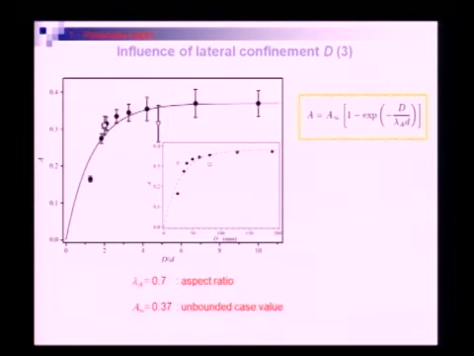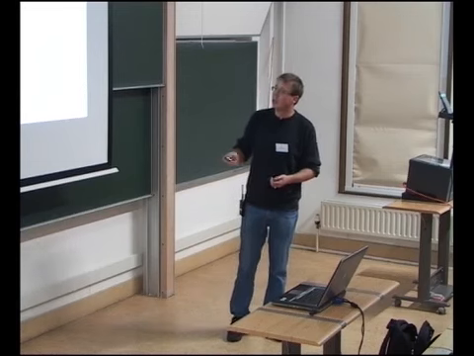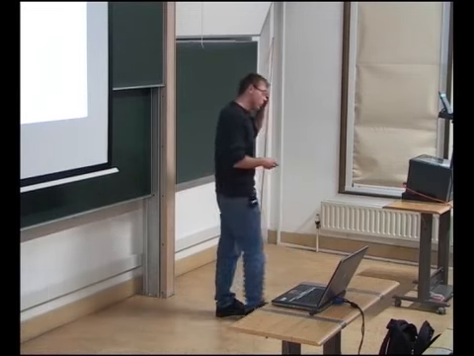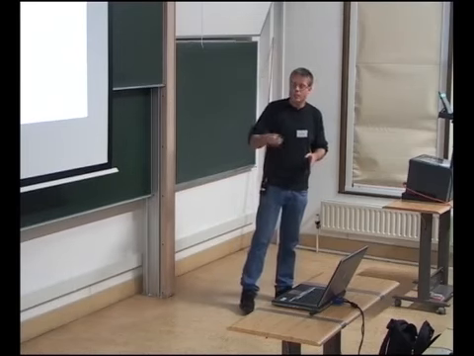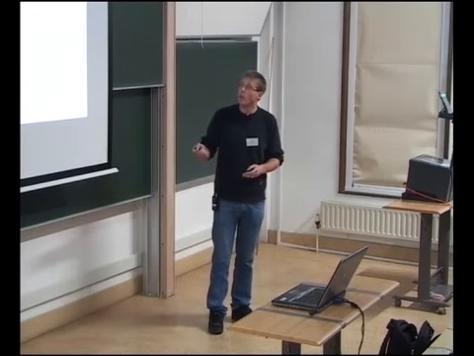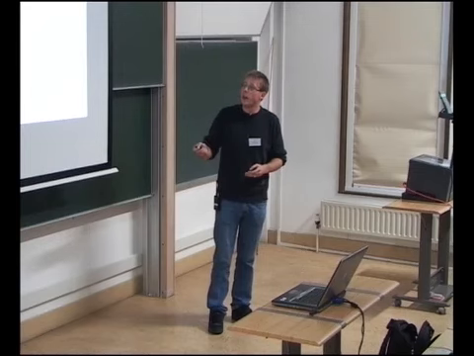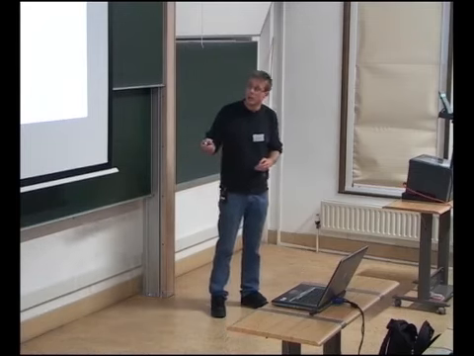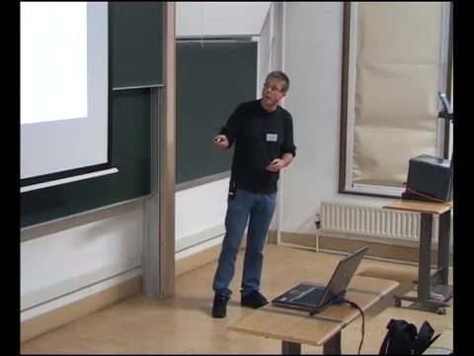We've got the same result for the prefactor A. Here, we can see that the prefactor decreases when the ratio of diameters decreases too. And it also follows an exponential behavior. And there is another aspect ratio, which is about 0.7. It's about the same as for the exponent alpha.